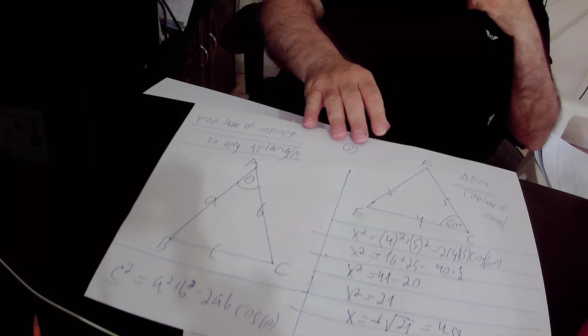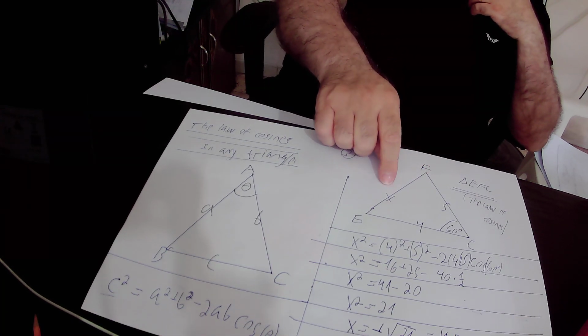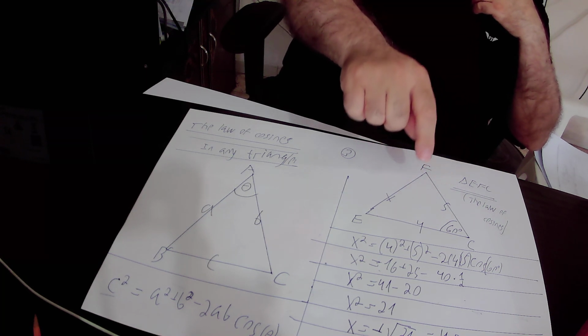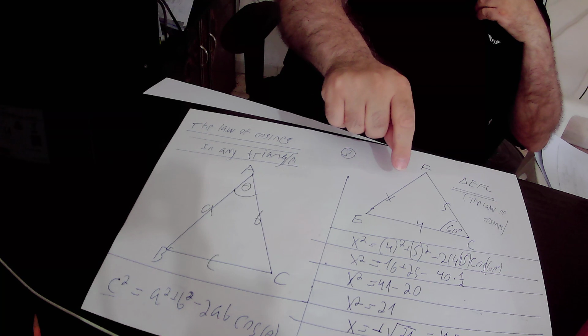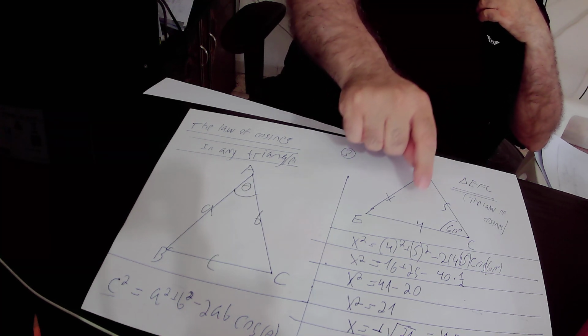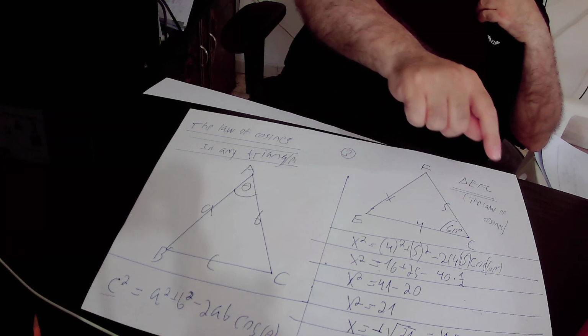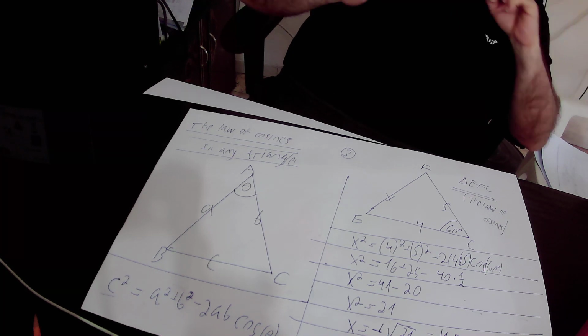So according to the law of cosines in triangle EFC, X squared equals 4 squared plus 5 squared minus 2 times 4 times 5 times cosine 60 degrees, according to the law of cosines, of course.